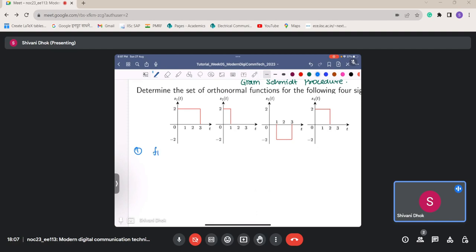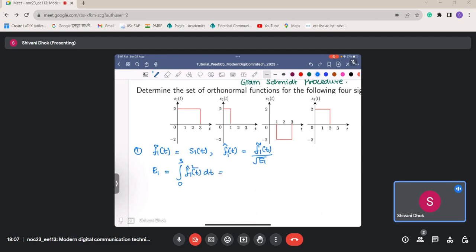So this f1 tilde t is simply s1t, and f1 hat t is simply f1 tilde t upon root e1. This e1 is the energy in f1 tilde t, so that will be the integral from 0 to 3 of f1 tilde t square dt.